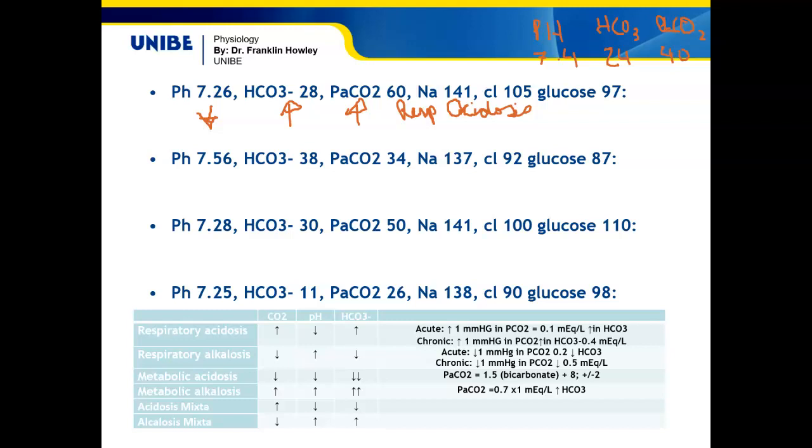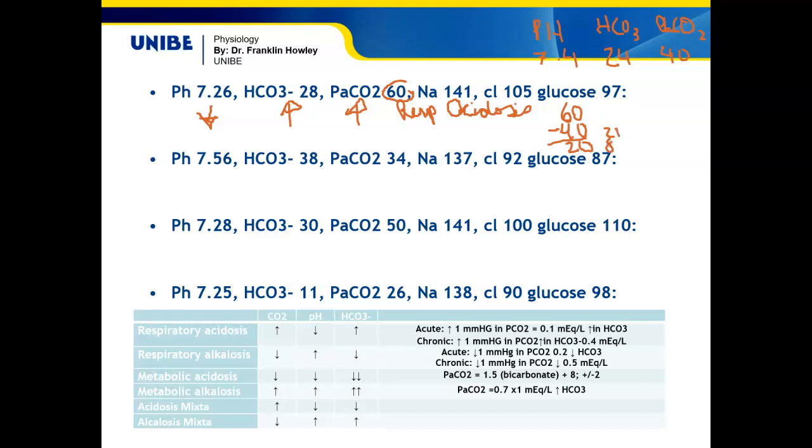But to make sure, we can use this formula. For every millimeter of mercury that I increase in CO2, if bicarbonate increases by 0.1, that's acute. If it increases by 0.4, it's chronic. So we ask how much CO2 increased: 60, which is the number I have, minus 40, the normal amount of CO2. That means I have increased 20 millimeters of mercury of CO2. I multiply 20 times 0.1 and 0.4. So 20 times 0.1 is 2, and 20 times 0.4 is 8.